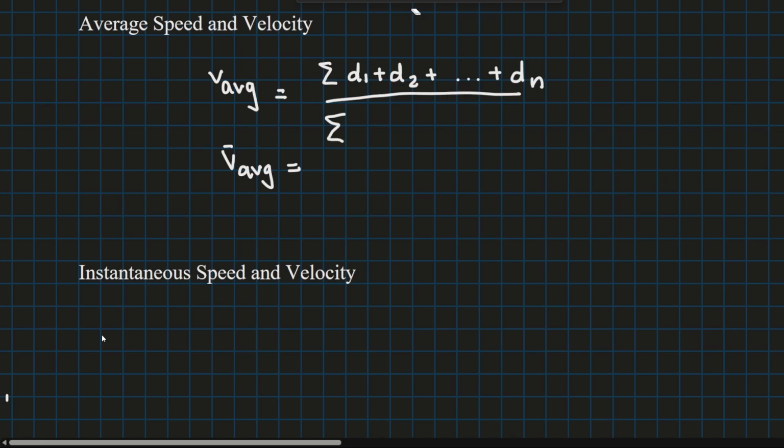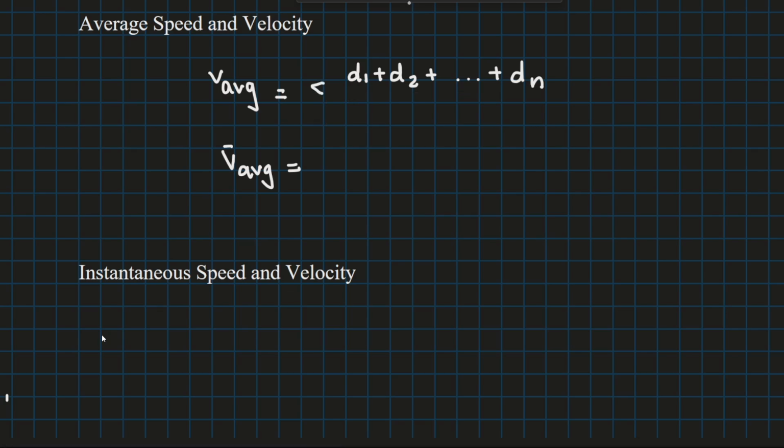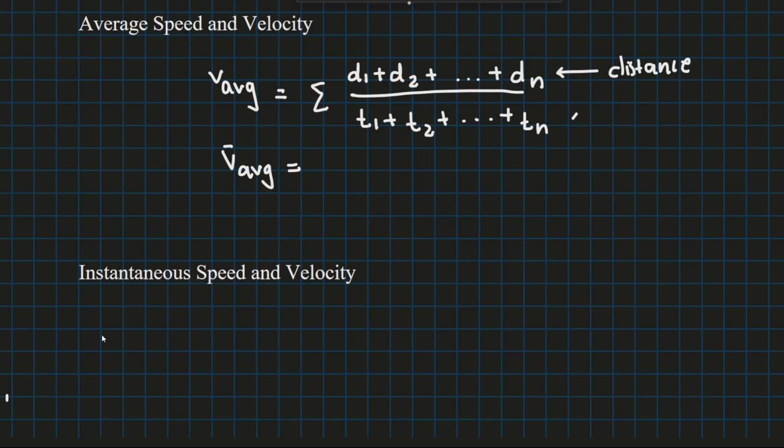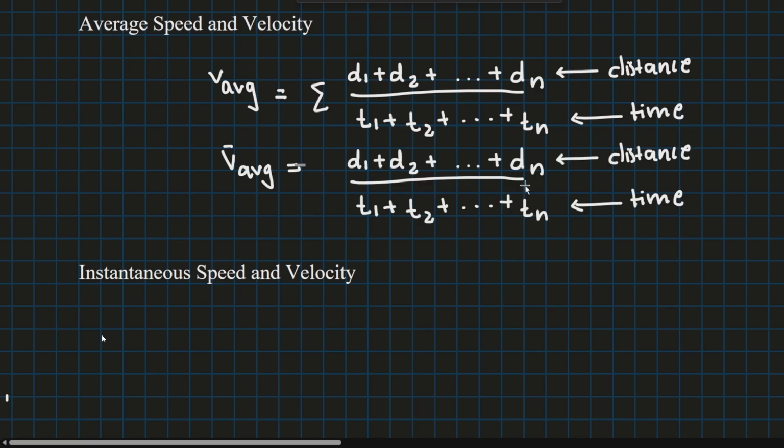Otherwise, we could write it once for both of them, summation of d upon summation of t, where d is the distance while t is the time. We could change distance into displacement.